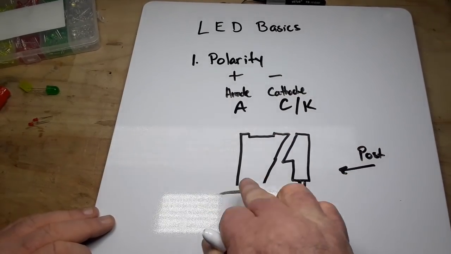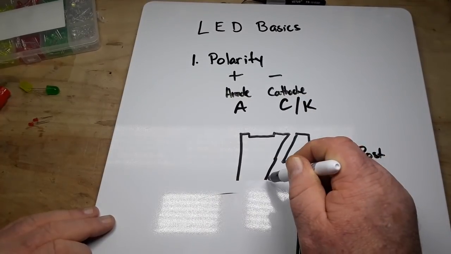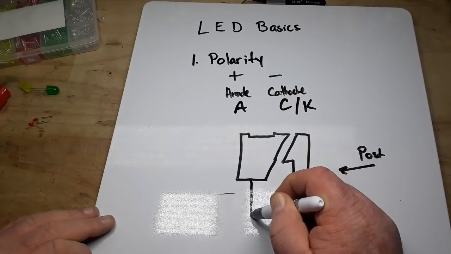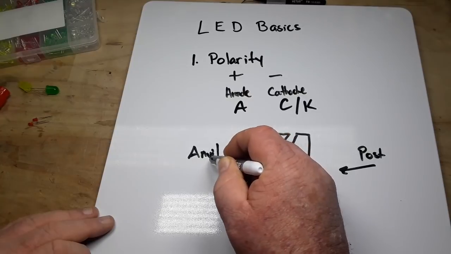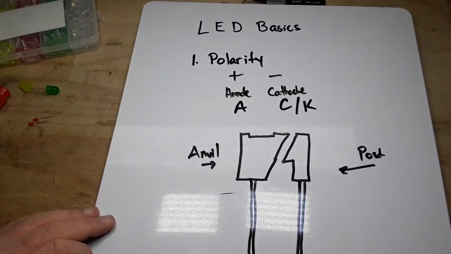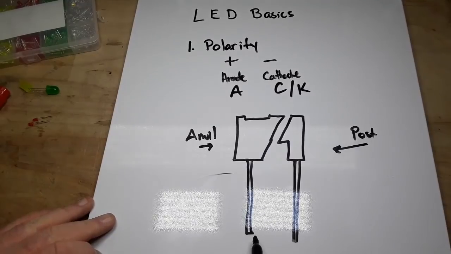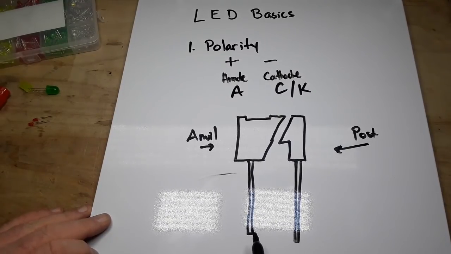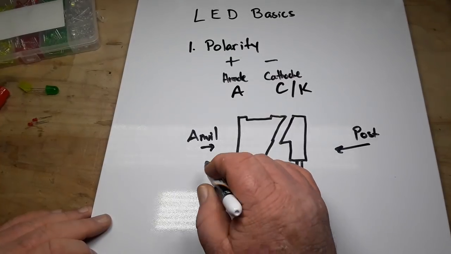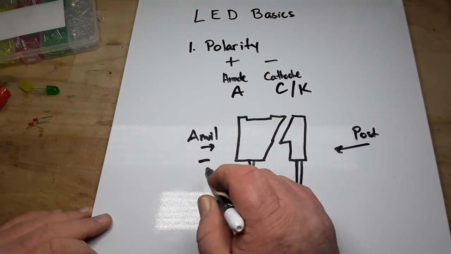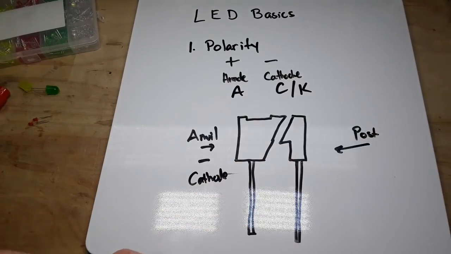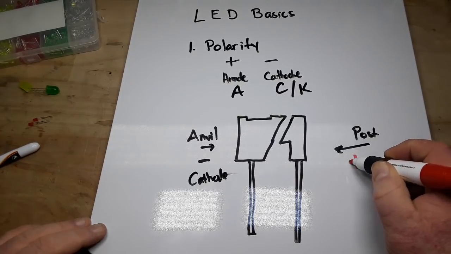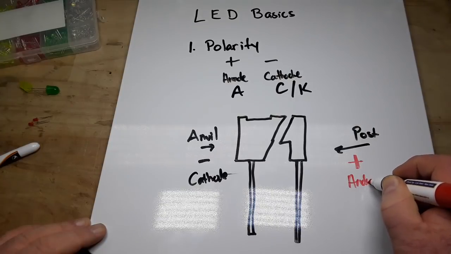This is the anvil. And you'll notice I didn't draw it very well here, but the wire on the anvil is shorter than the wire on the post. The anvil is your negative side or the cathode side. And the post is your positive side or the anode side.